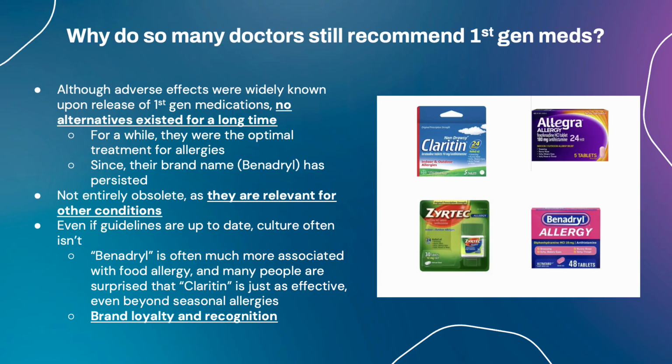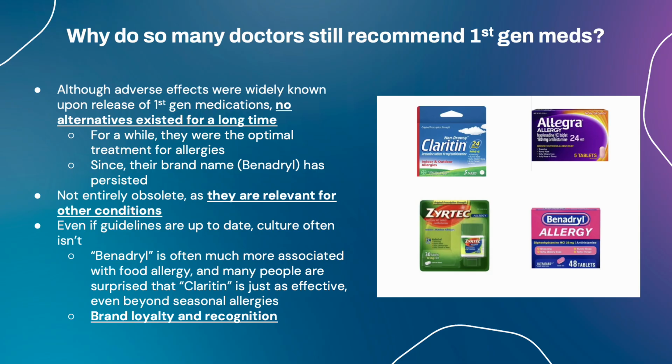Well, the first reason is actually quite practical: there is some evidence that these act a little bit faster as compared to their second generation counterparts. So for something like anaphylaxis, even though antihistamines aren't really a desired treatment at all, there is still this idea that because they work faster, they might be the preferable alternative.